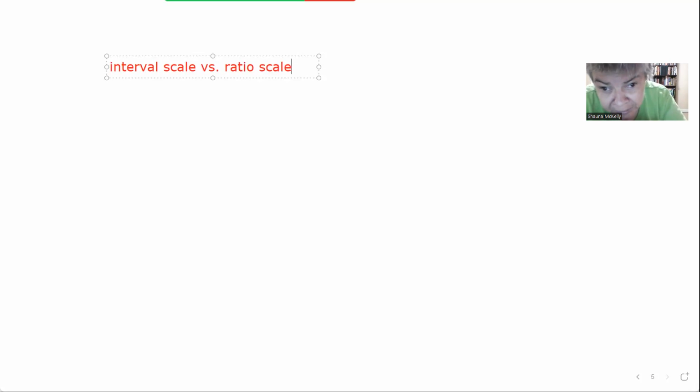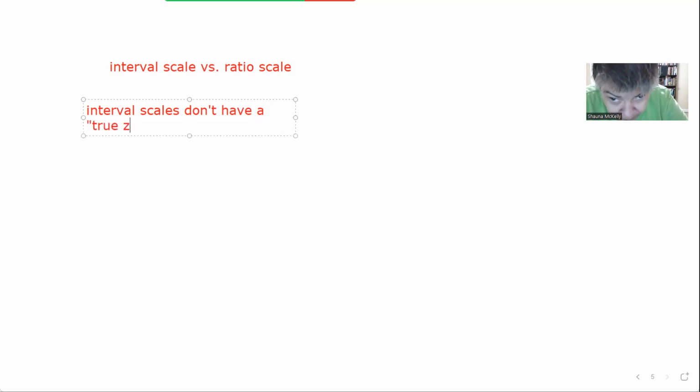These are the ones that usually give students the most trouble. Interval scales don't have what we call a true zero, okay? And what that means is that you can have a zero on it sometimes, but it doesn't necessarily mean that measurement doesn't exist.